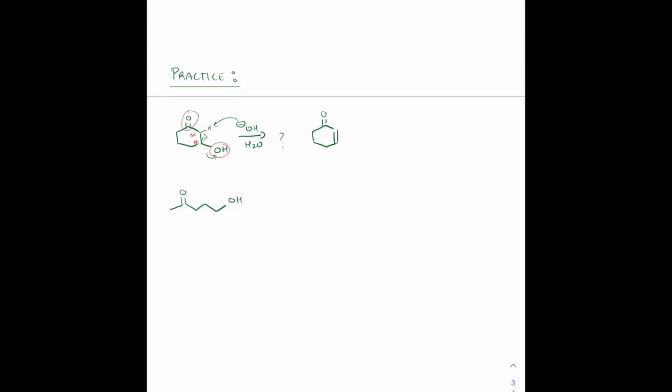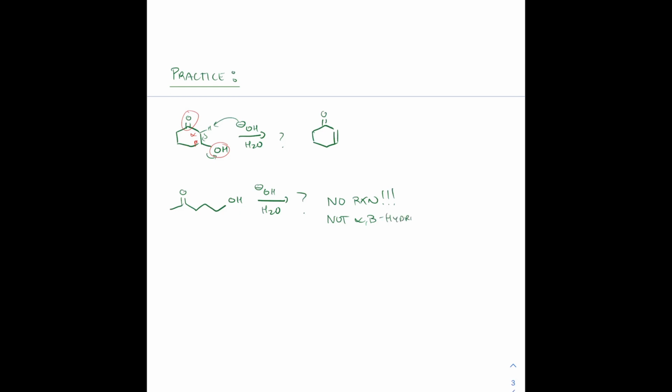It's honestly, if you draw it like that, it's pretty much just an elimination reaction, and we know this stuff. So let's take a look at this guy. What's going to happen? Pause it and replay it when you're ready. So obviously this is not a beta hydroxycarbonyl, and so we actually don't get a reaction.